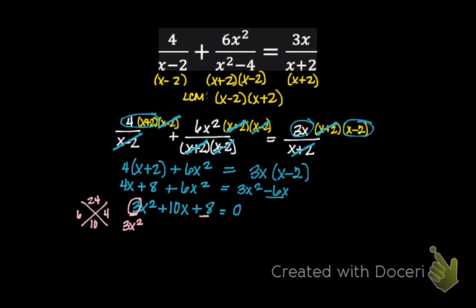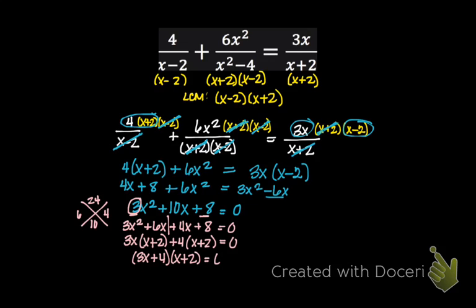So I have 3x squared plus 6x plus 4x plus 8 equals 0. Split this up into two groups. I get 3x times x plus 2 plus 4 times x plus 2 equals 0. If you need help with factoring, go back and watch some of the factoring videos from chapter 4. And then we get 3x plus 4 times x plus 2 equals 0.